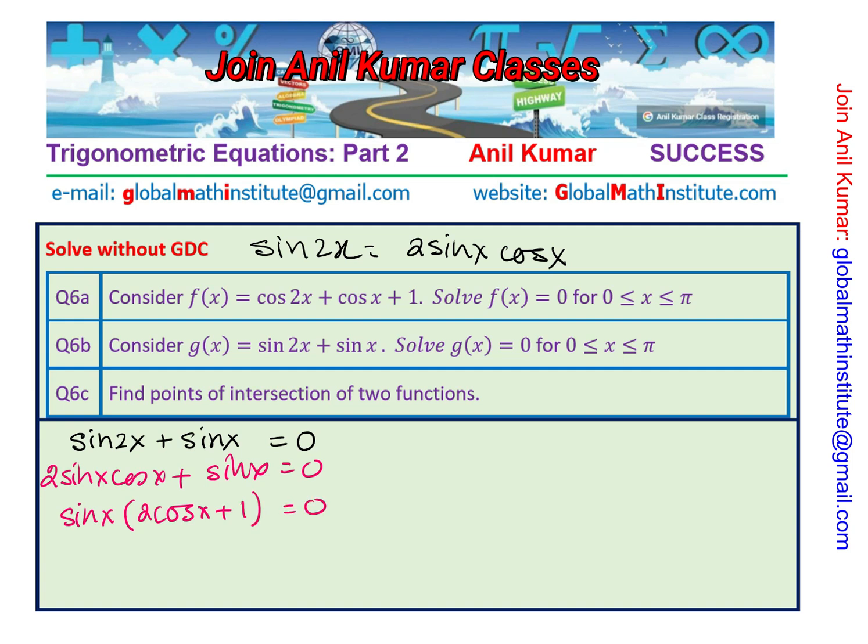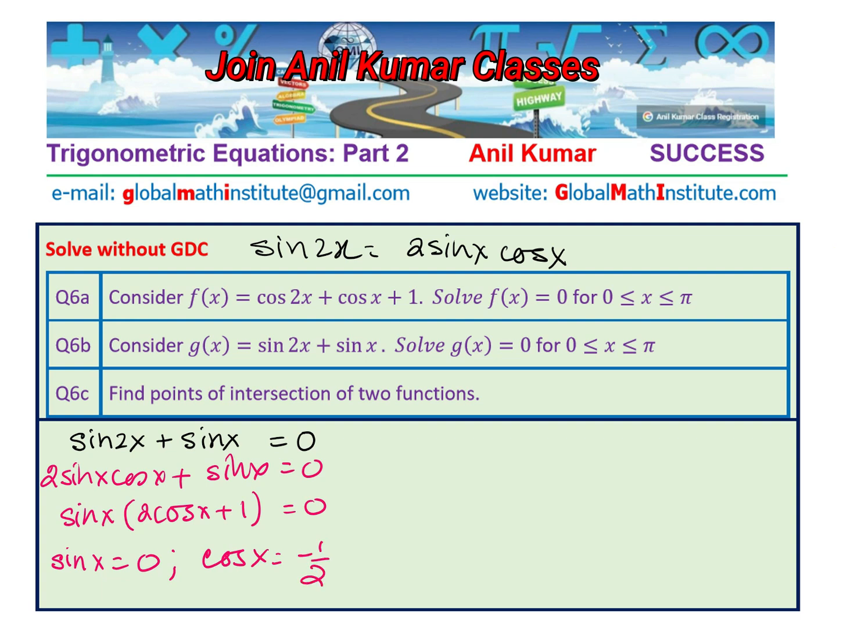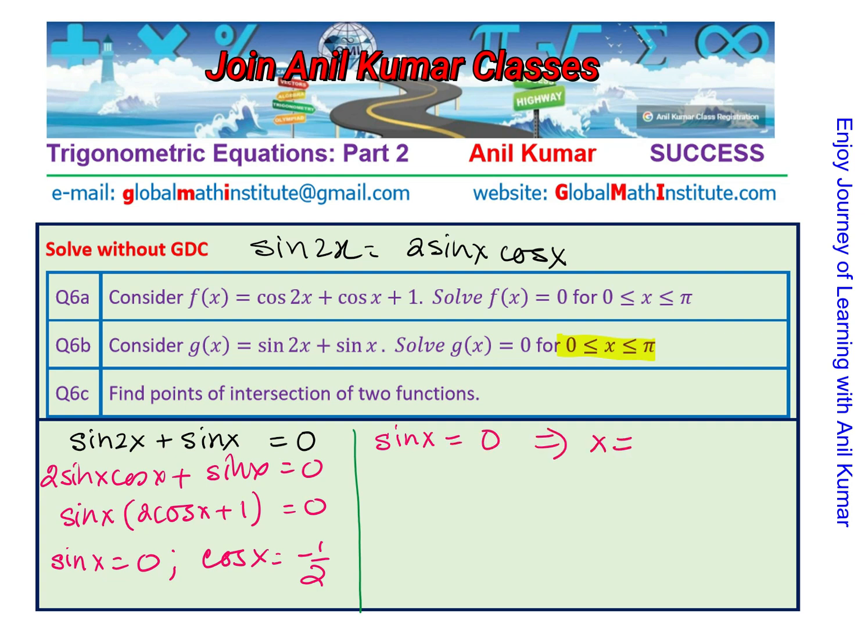So again, we are now looking for solutions for sin x equals 0 and cos x equals minus half, right? So when is sin x 0? We are working in the domain 0 to pi. Within this domain of 0 to pi, we know sin x equals 0 implies that x is equal to either 0 or pi.